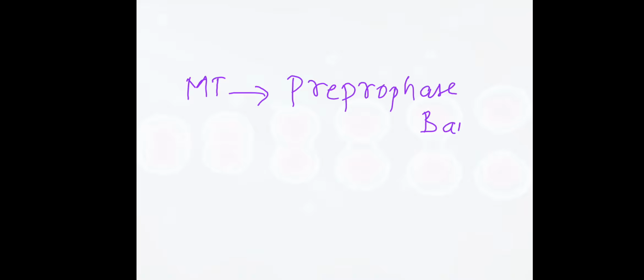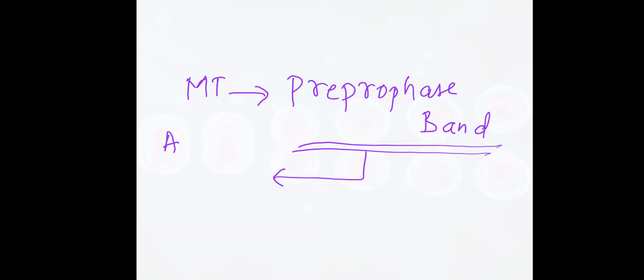So an array of microtubules appears in the G2 phase, and it forms a ring around the entire cell. That ring is known as pre-prophase band. It also contains actin filament in addition to microtubule.